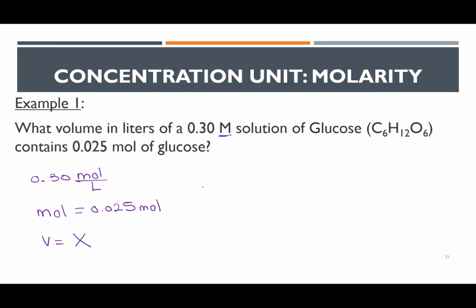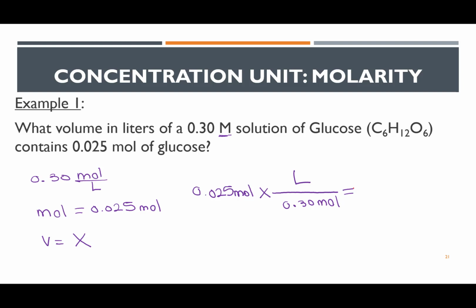Okay, then if you set it up as 0.025 mole times, then in order to cancel out moles, the mole has to be down here and the volume has to be up there. And if you do the math, you have to divide 0.025 by 0.3.